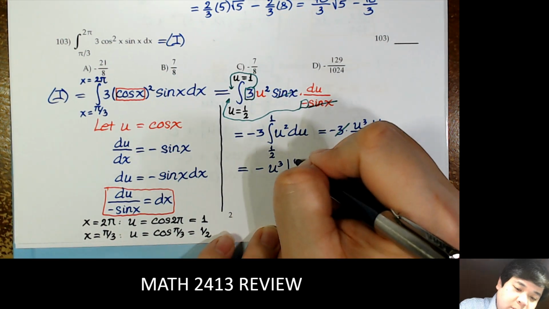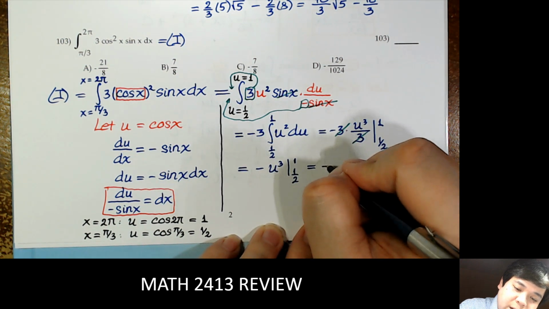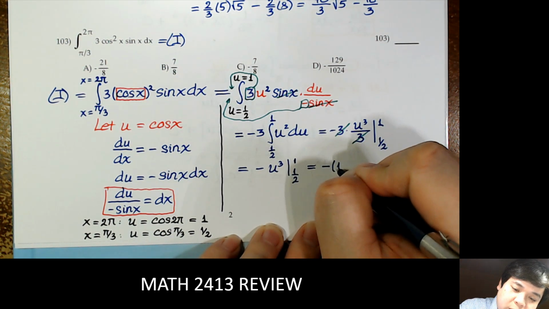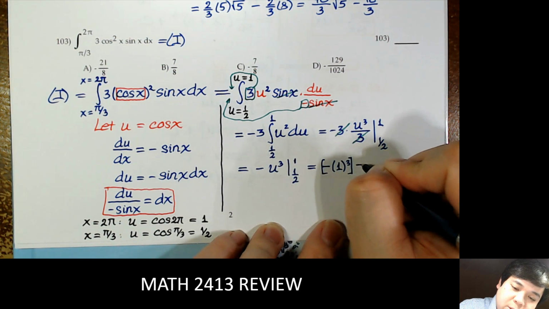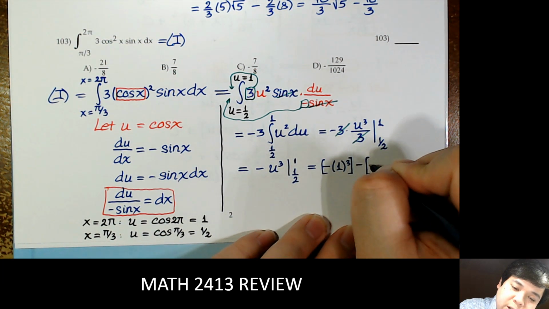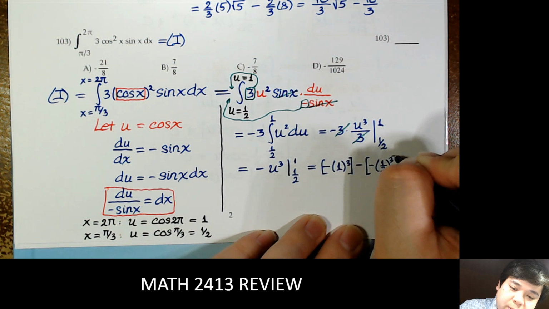Now, we will substitute in negative 1 cubed and then subtract negative 1/2 cubed.